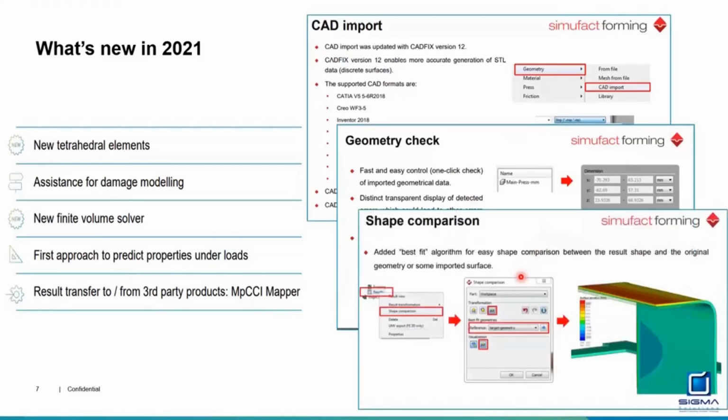Then comes the shape comparison. Once the operation is complete, you can use your initial CAD model to compare the deviation from the original design to the simulated one, or the original CAD to the actual part, which has deformation and shrinkage. These are the new updates in forming.